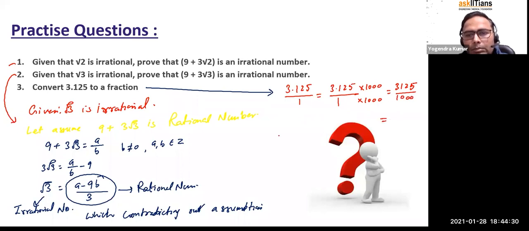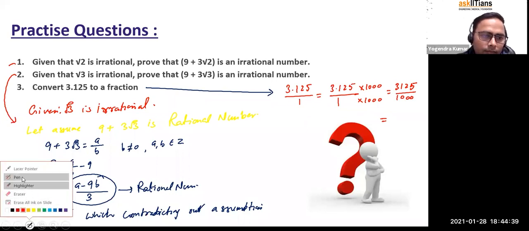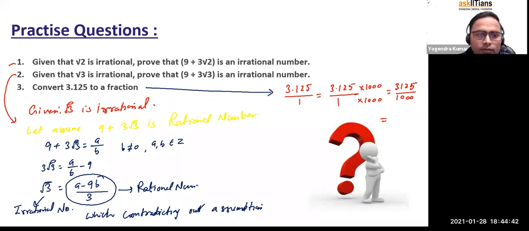Now let's simplify it. We can simplify, right? Simplification can be done by 5: 625 over 200, then 125 over 40, and 25 over 8.